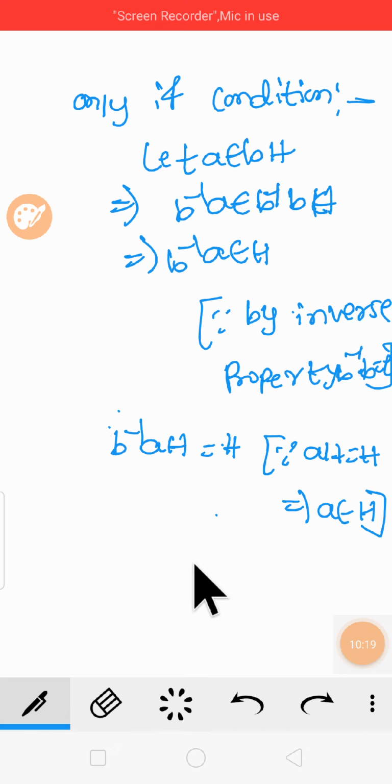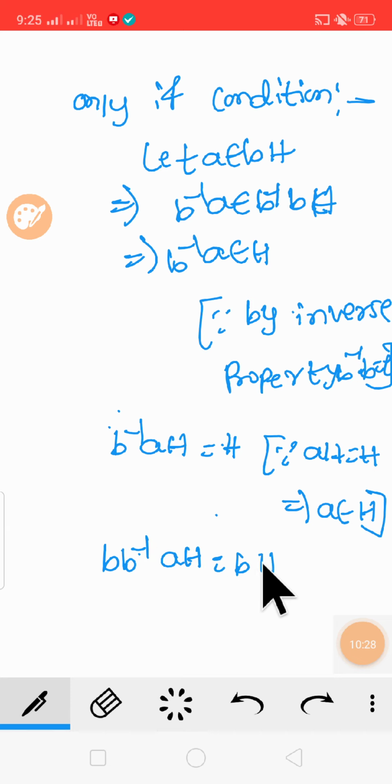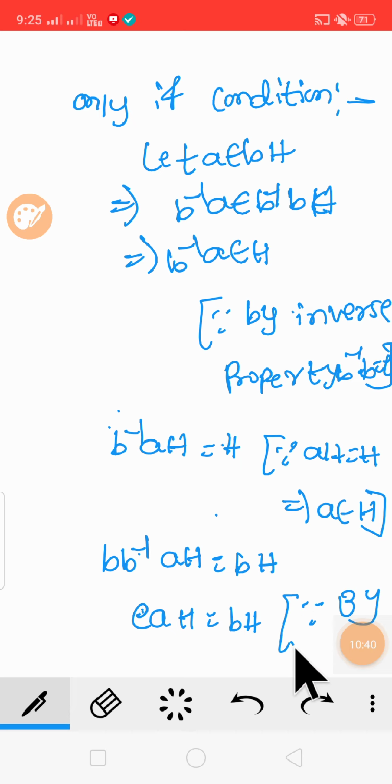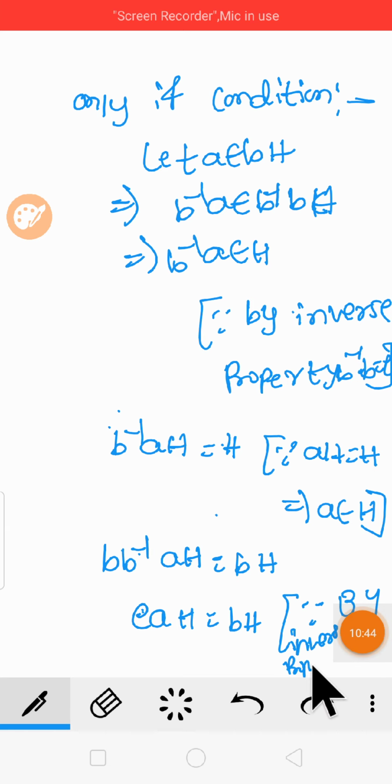We use this condition. Next, multiplying both sides with b, b times b inverse aH = bH. Again from inverse property we write e times aH = bH.